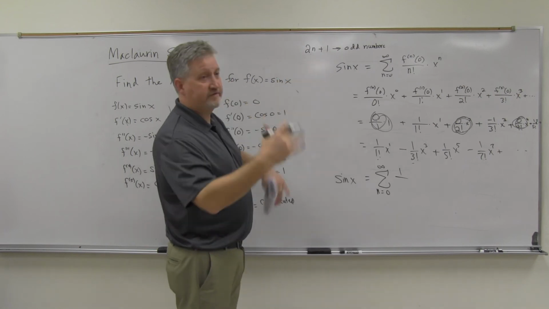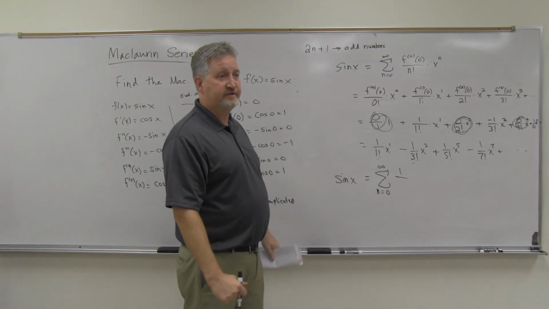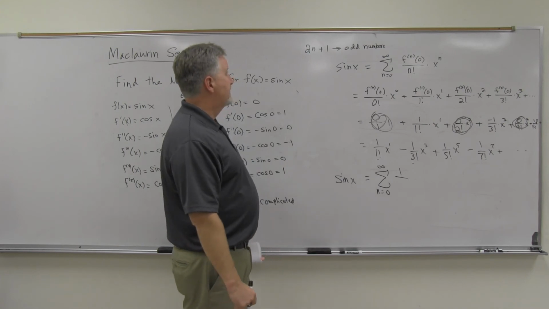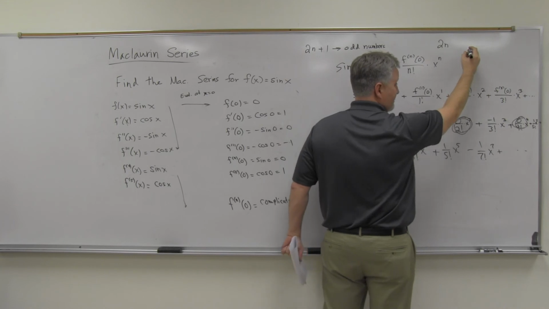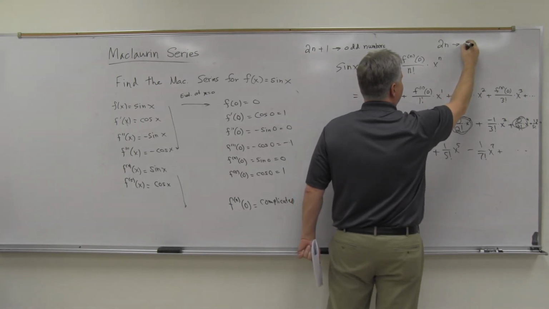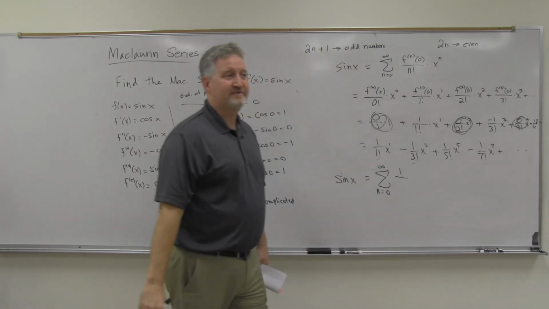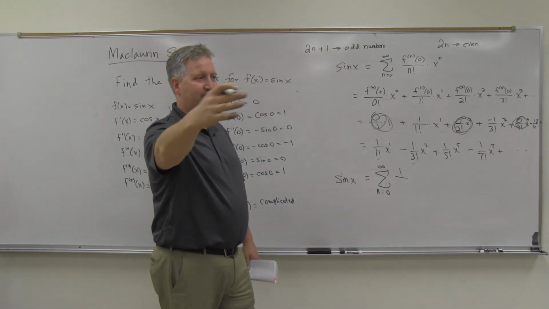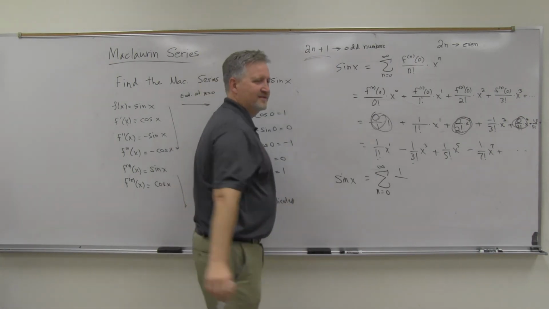Because n equals 0 gives you an odd number, n equals 1 gives you an odd number, n equals 2 gives you an odd number. You see what I'm saying? If you want even numbers, just a hint, because that'll come up in one of the homework problems, that's just 2n. That'll give you even numbers if you plug in n equals 0, 1, 2, 3. Okay? But anyway, we want odd numbers, so it's 2n plus 1.